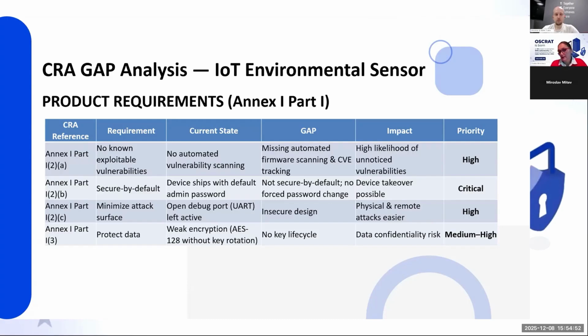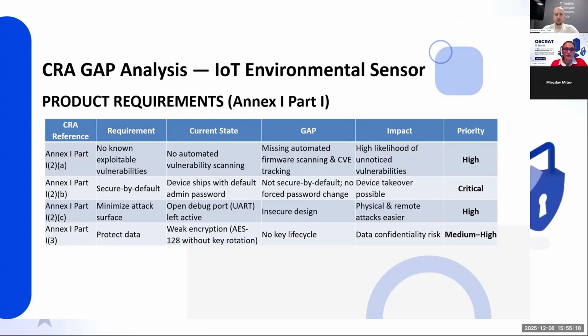And of course, impact and priority. This is an example, but missing vulnerability scanning, insecure defaults, open debug ports, and weak encryption are all violations of Annex I, Part I.